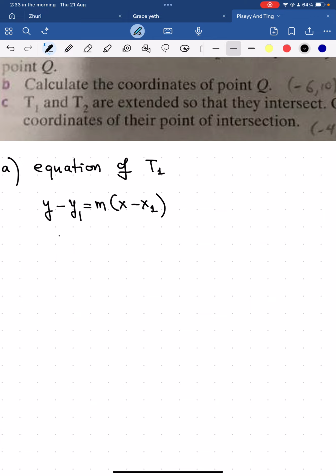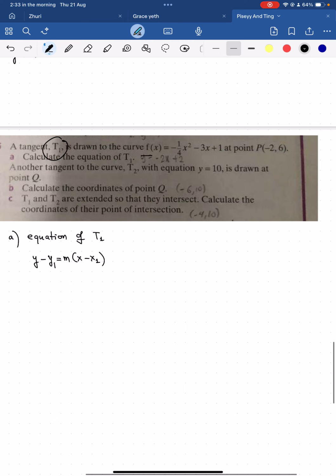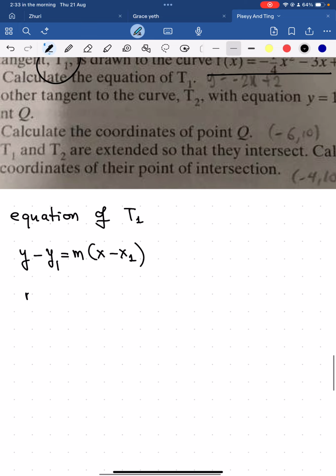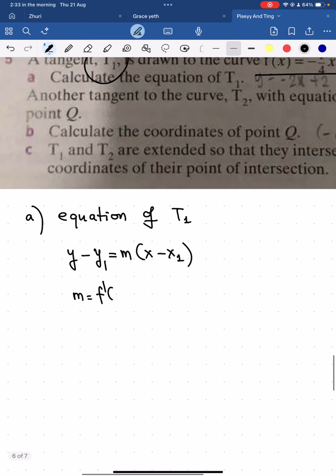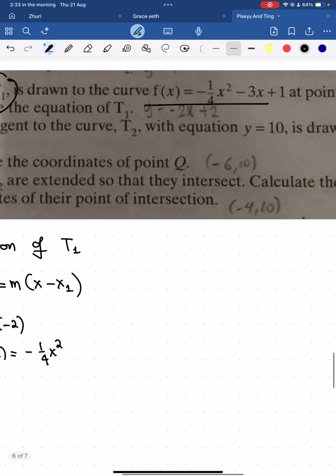So m here, because it's a tangent, because T1 is tangent to the curve at x equal -2, means the slope of T1 is literally f prime of x, and then we plug x equal -2 into it. So m equal to f prime of -2. So f of x equal -1/4 x squared minus 3x plus 1.